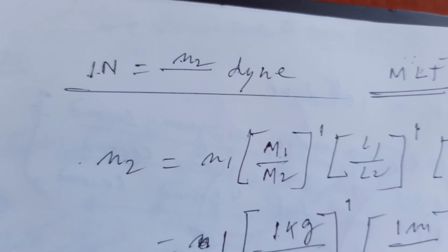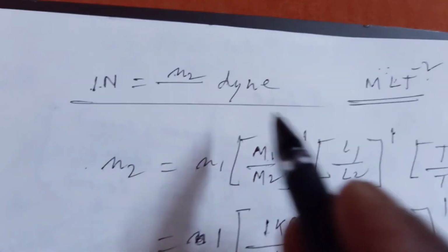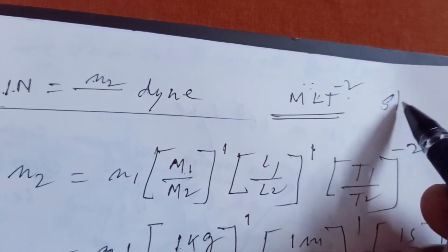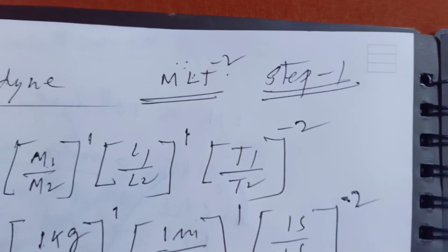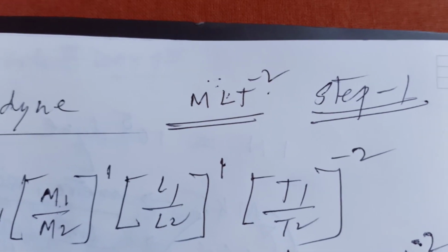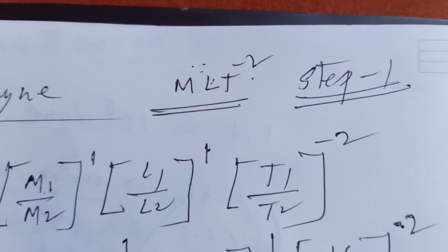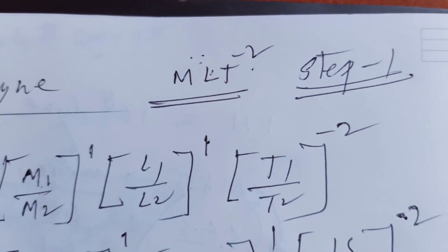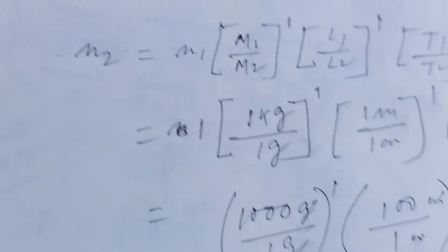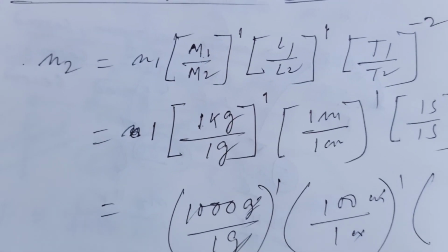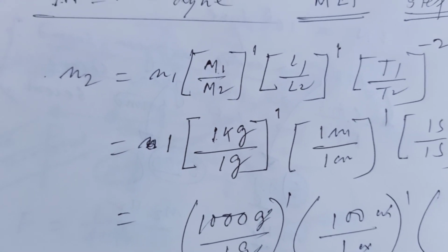So step one, you have to take the dimension of the physical quantity which is to be converted. Suppose it is given how many erg are there in 1 joule.